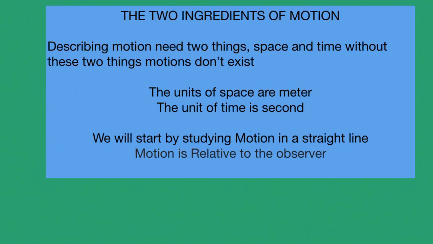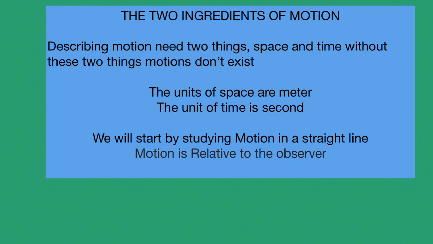Now, for motion to happen it needs two ingredients. The first ingredient is space, and the second ingredient is time. We really don't know how to define exactly space and time, but we know how to measure space and time.